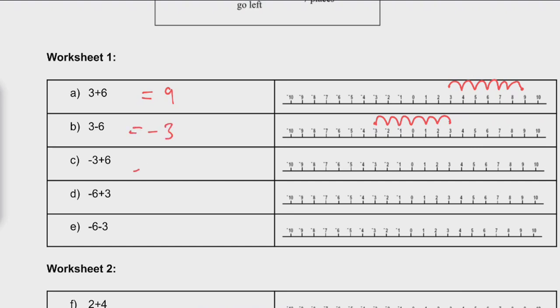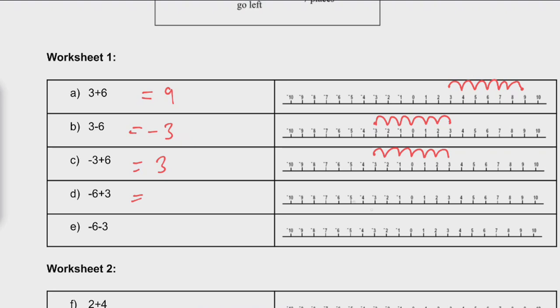The next one is -3 plus 6. We start at -3 and move right 6 places: 1, 2, 3, 4, 5, 6, and that gets us to 3. Then for part D, -6 plus 3.